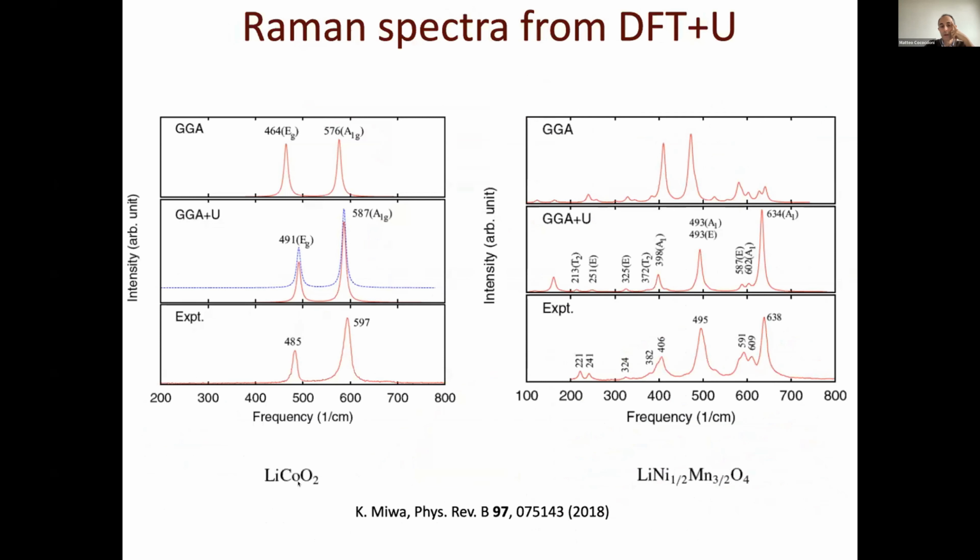Those are also cathode materials for lithium-ion batteries. So you see the nice agreement between GGA+U calculation and experiments in both cases compared to a poorer agreement that you can get with standard approximation of the exchange correlation functional.